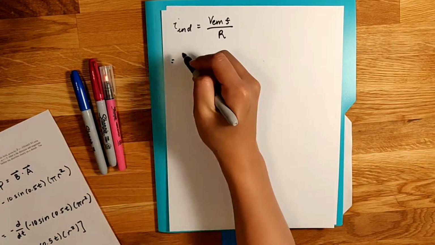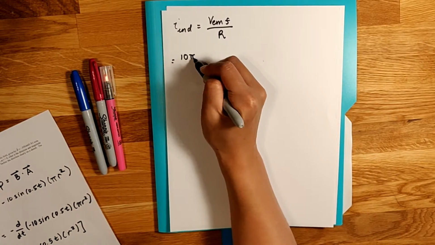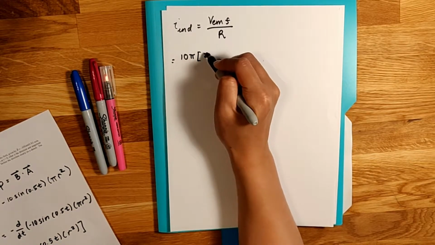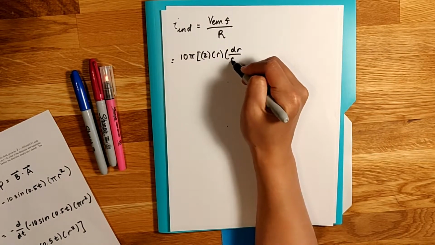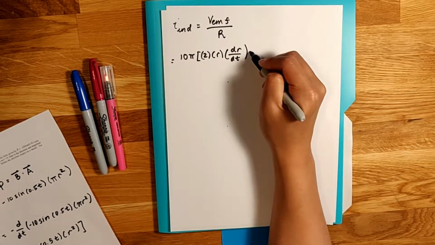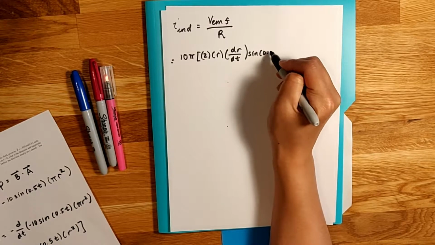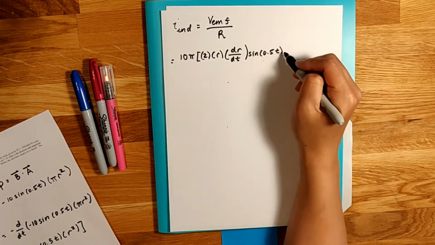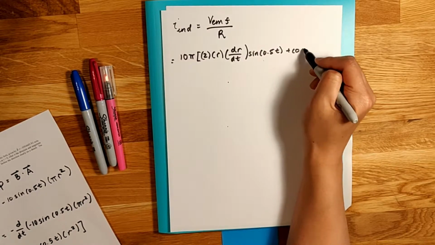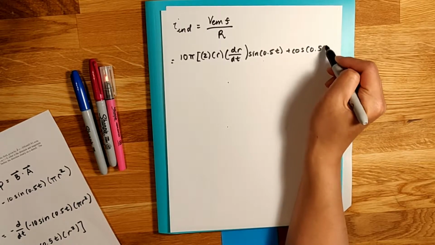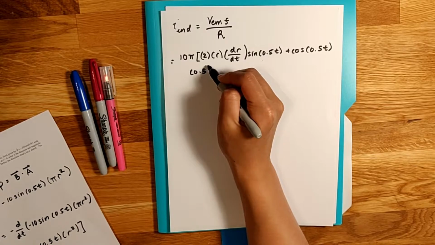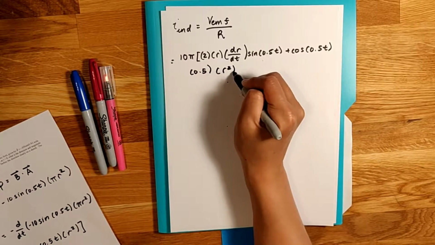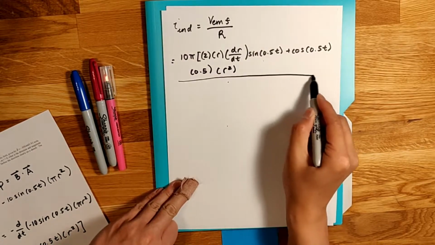We will get 10 pi times 2 r dr over dt times sine 0.5 t plus cos 0.5 t times 0.5 r squared, divided by the total resistance.